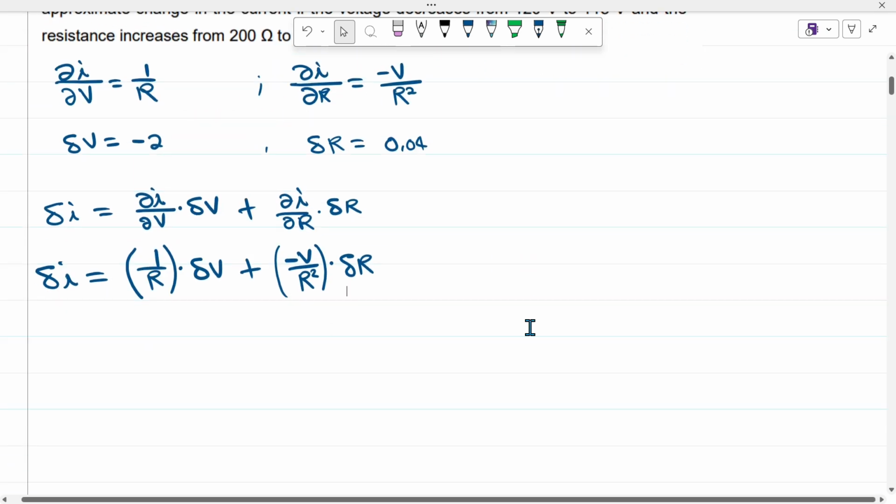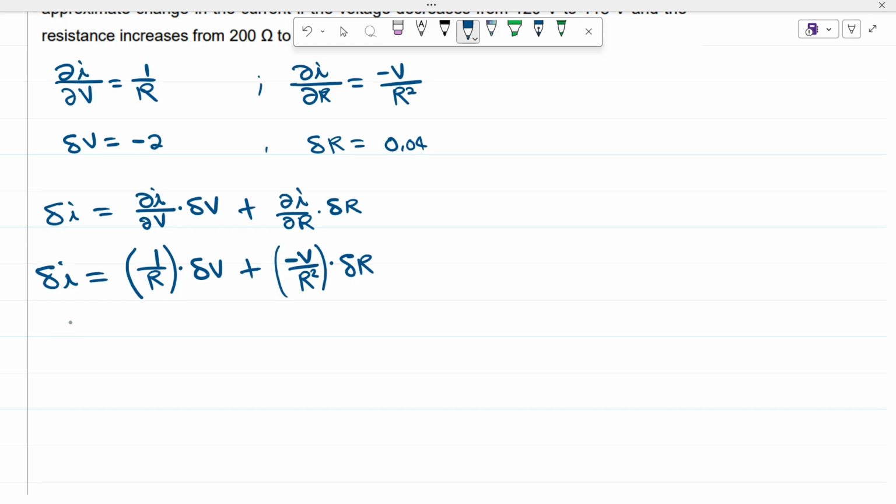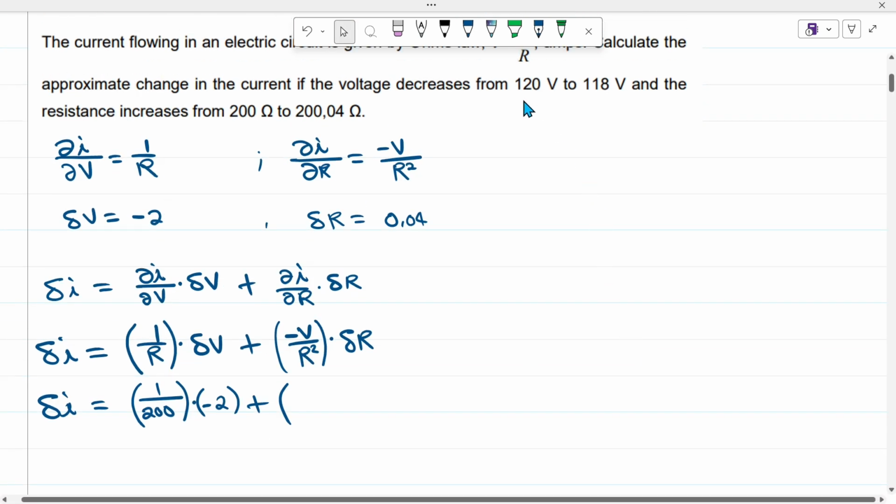So let's substitute. Small change in I is then going to be equivalent to 1 over R, which is 200, multiplied by small change in V. Small change in V is going to be what? -2, we've already discussed that, and then plus our V, which is going to be 120.